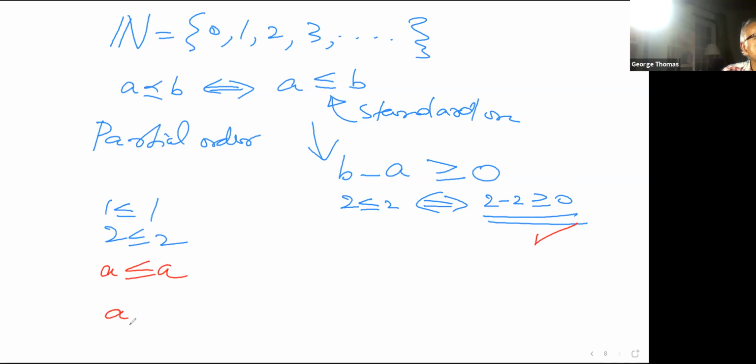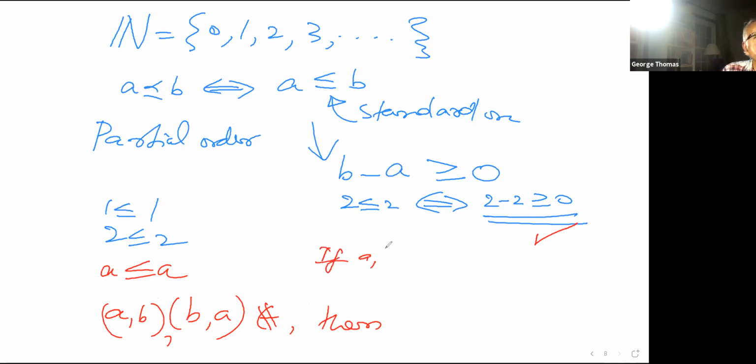And if AB and BA are contained in this partial order, then now, if A is less than or equal to B, can B be less than or equal to A?